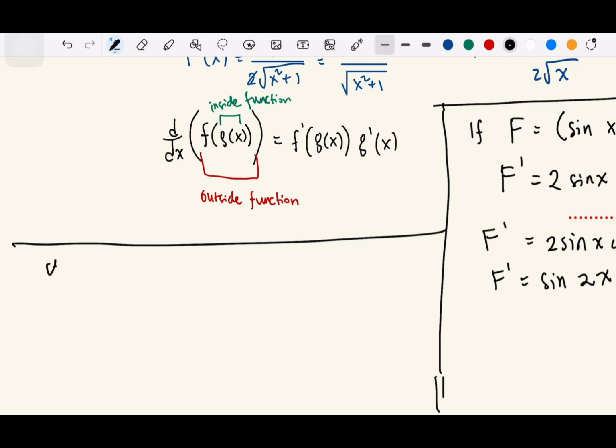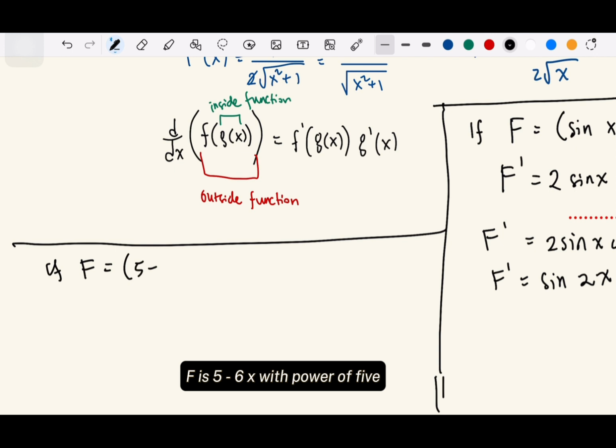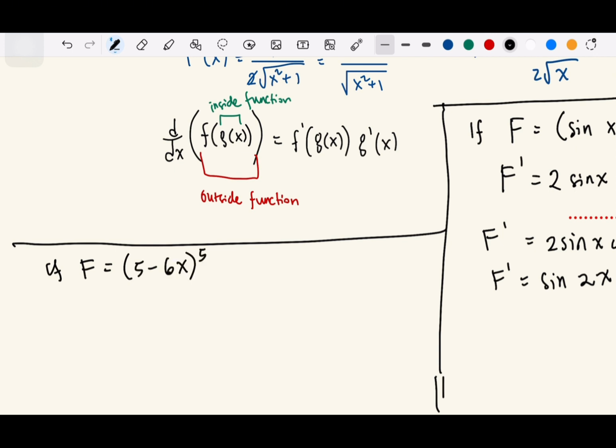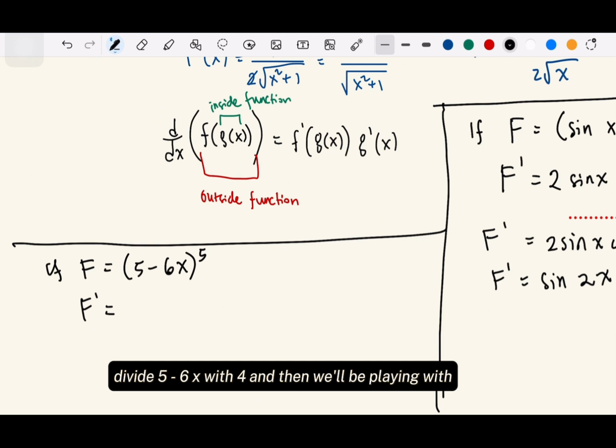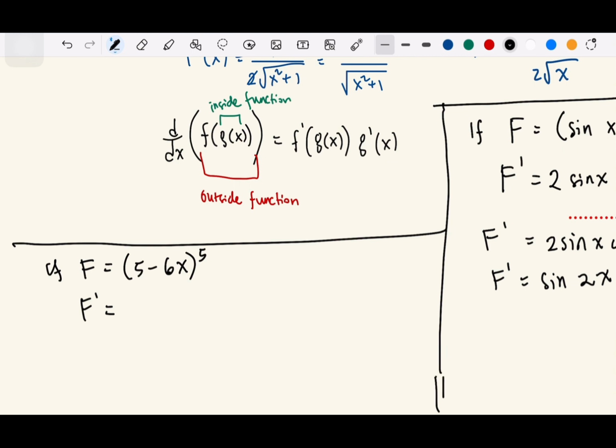Let me give you another simple example to see the process. If f is 5 minus 6x to the power of 5, f prime will be similar to this one. So 5 goes here, and we write 5 minus 6x to the power of 4, and then multiply with the derivative of the inside function, which is negative 6.